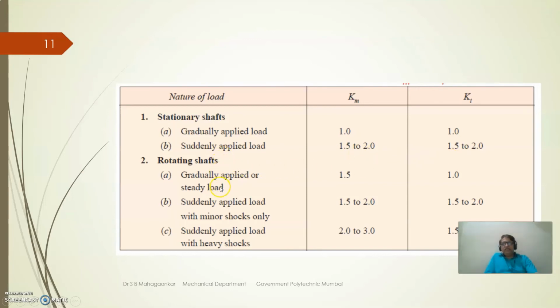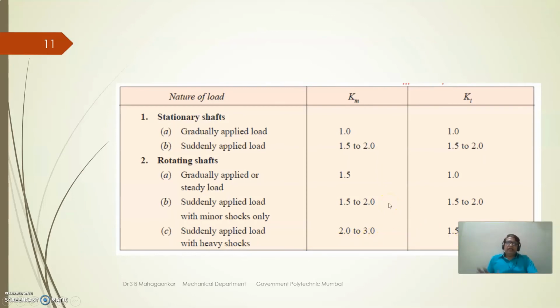For a rotating shaft with gradually applied load, it is 1.5 for KB and 1 for KT. For suddenly applied, it is 1.5 to 2, 1.5 to 2. And for suddenly applied with heavy loads, in that case we have to take 2 to 3 and 1.5 to 3.